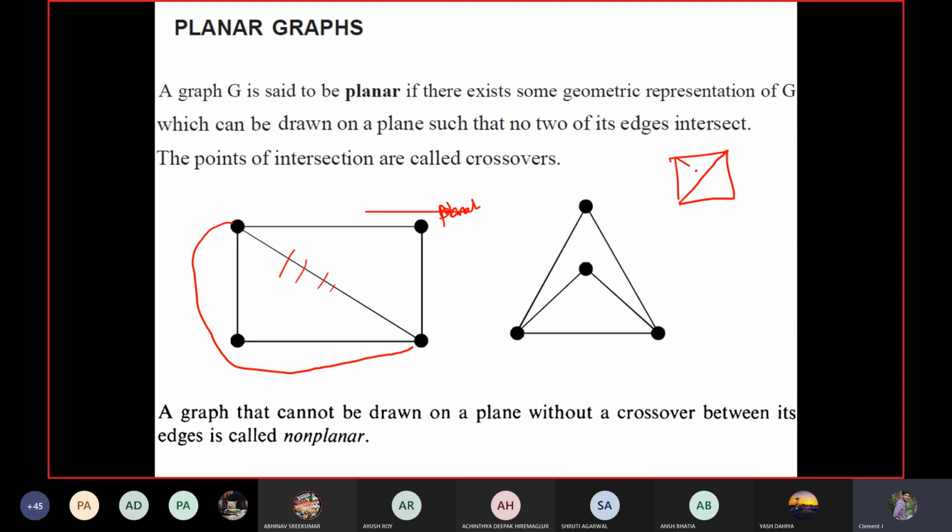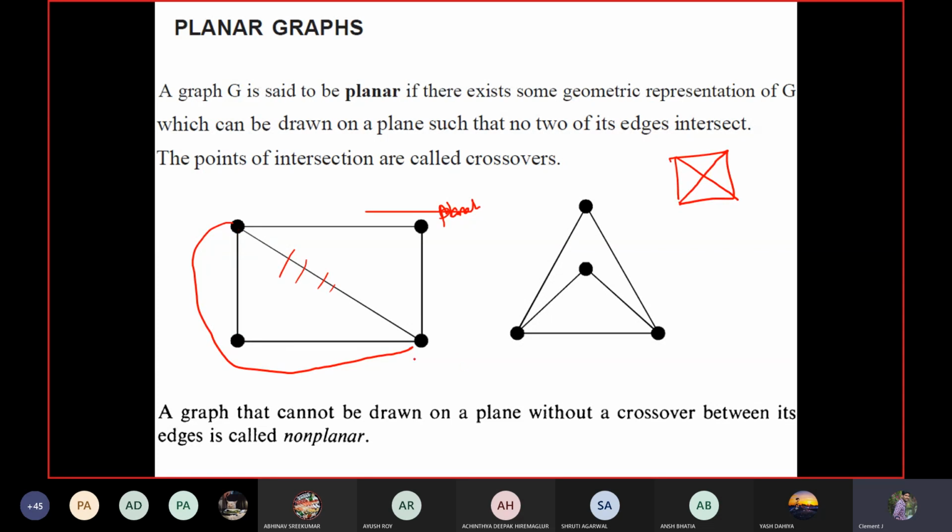Will it be planar or non-planar? Don't always assume. Just look at the intersection between the edges. If you are taking a crossover, you're allowed to draw it like this also, not a problem.